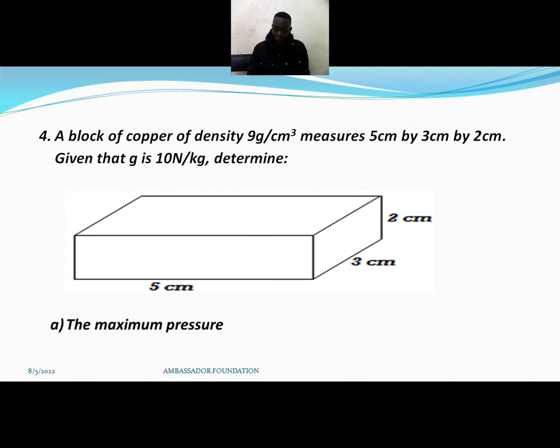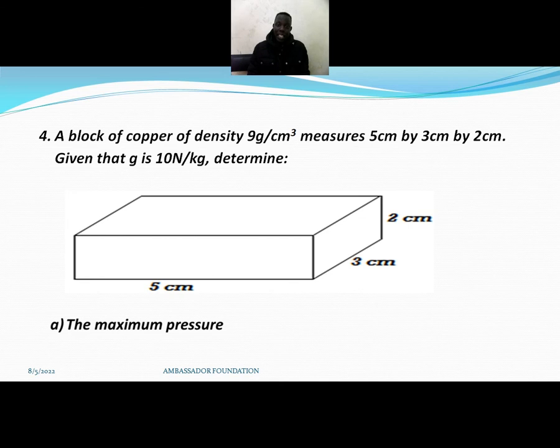After getting 2.7 newtons, for you to get the maximum pressure, use the minimum area, which is 3 times 2. Now, these areas are in centimeters, but we cannot work with centimeters. What do you have to do? You have two options. Either calculate the area in centimeters squared, then divide by 10,000, or give the values in meters, 0.03 meters and 0.02 meters, then get the area.